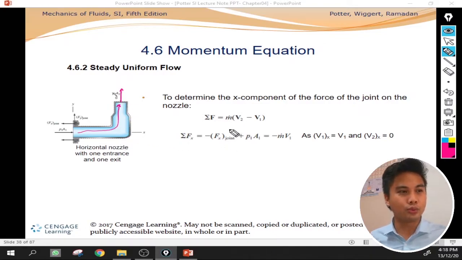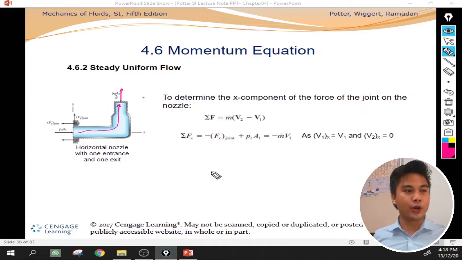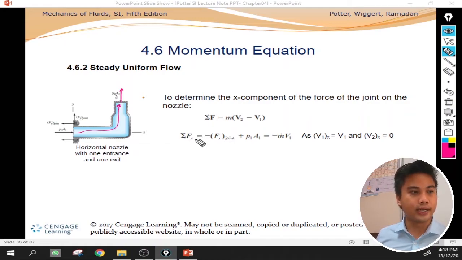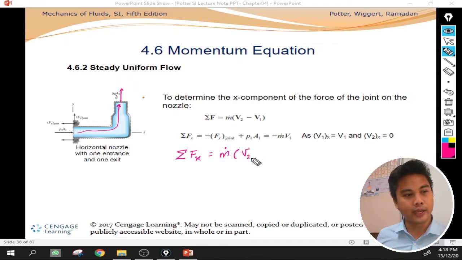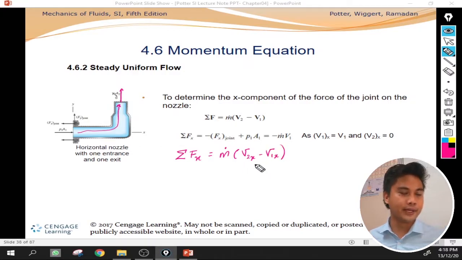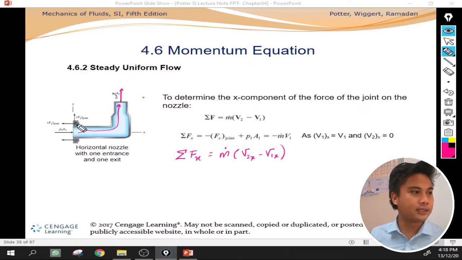So how do we use the momentum equation? We will separate into the x component. Remember that the summation of force in the x component equals the flow rate times V2x minus V1x. This is the formula. So for the summation of force in the x component, where is the force in the x component?